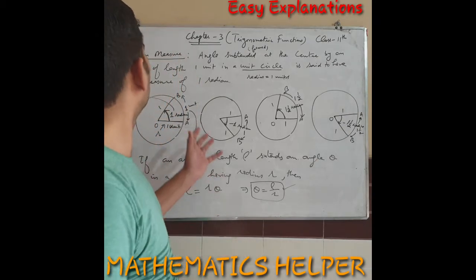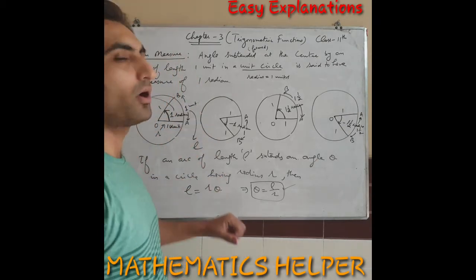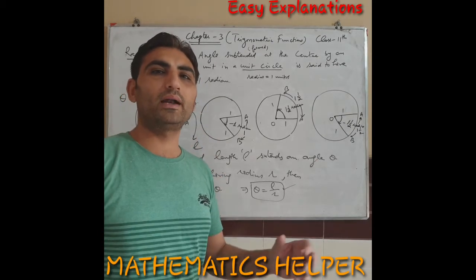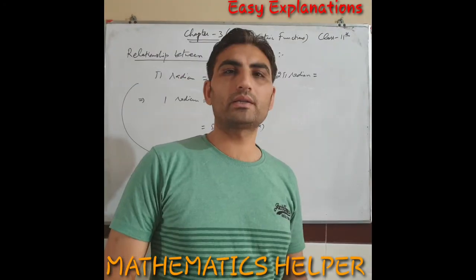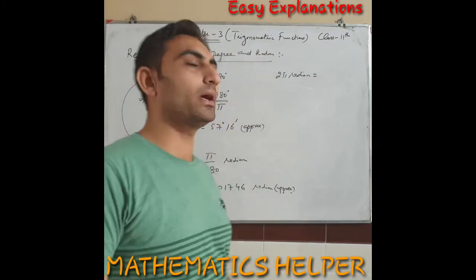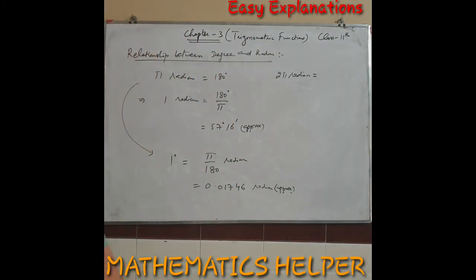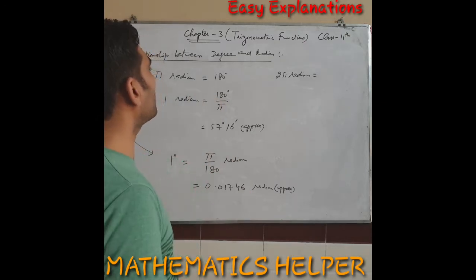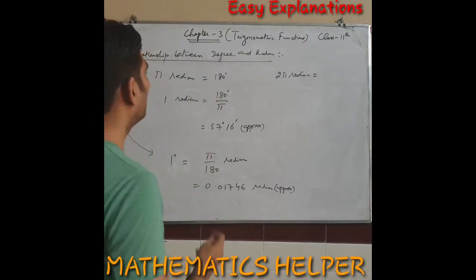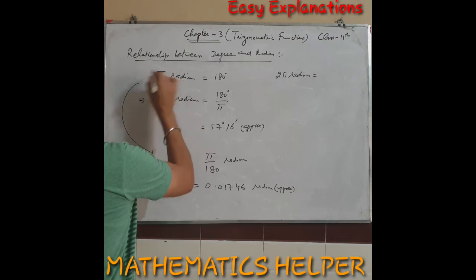Now we have next the relationship of degree measure and radian measure. See what is given next after this. Students, in the relationship of degree and radian measure, you have to remember a few things. You mark 180 degree, and 180 degree in radian we mark as pi radian.